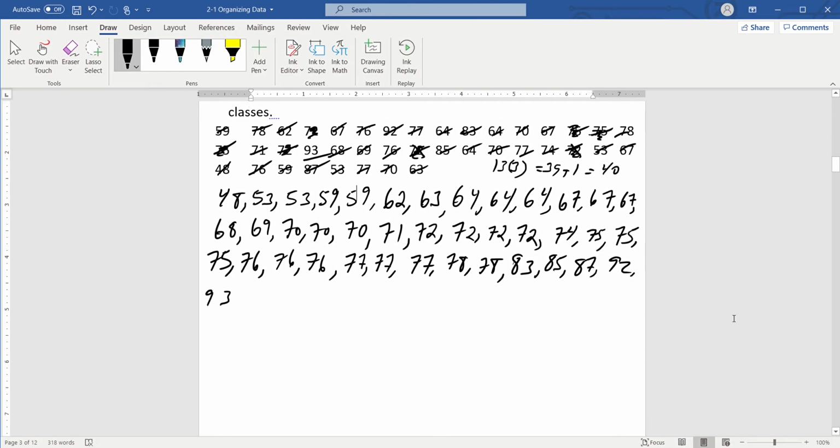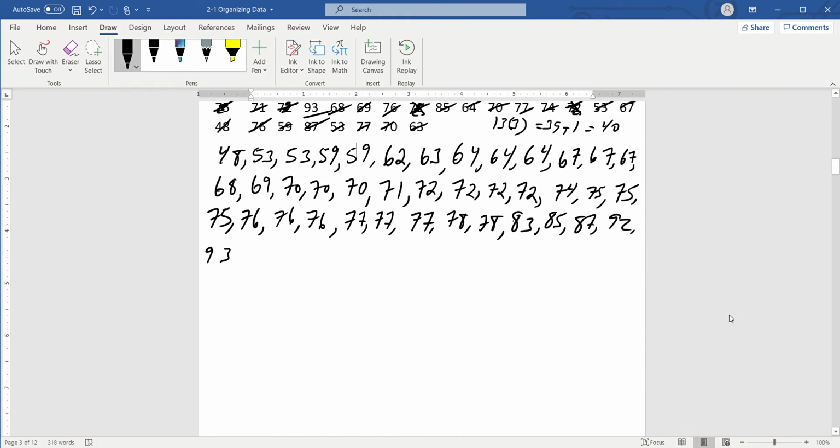What we want to do next is identify the lowest and highest. Okay, that's pretty easy now. My low is 48. My high number is 93. From those two, I can find the range. High minus low, 93 minus 48 is going to give you 45.